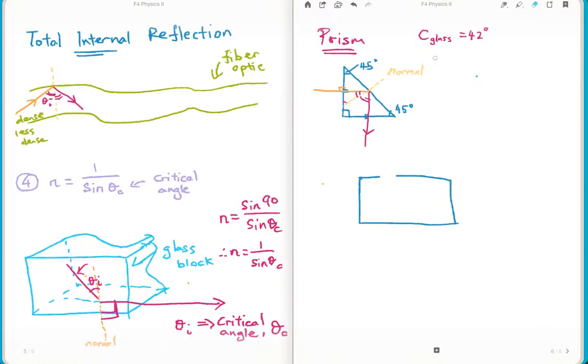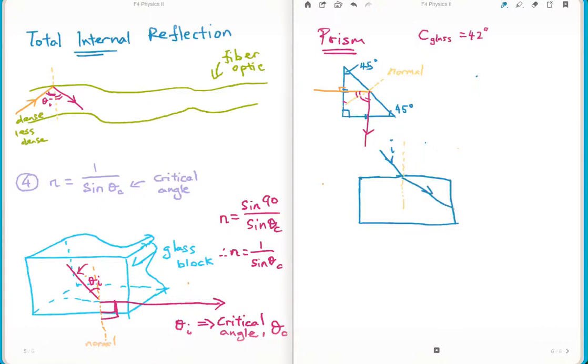Try to be perfect. This is my normal line. Say this is my incident ray, and then it goes into here.